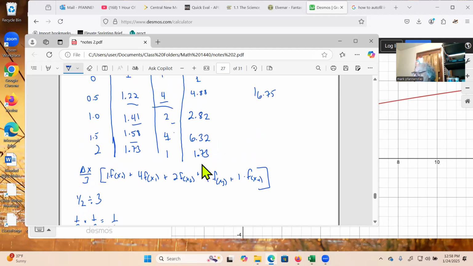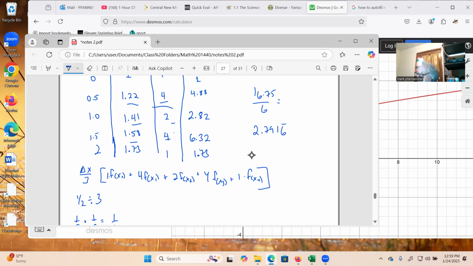So once I get back to my 16.75, I'm just going to divide it by 6 and see what happens. I divide this by 6, and I got 2.79 and some change. So we have 2.7916667.